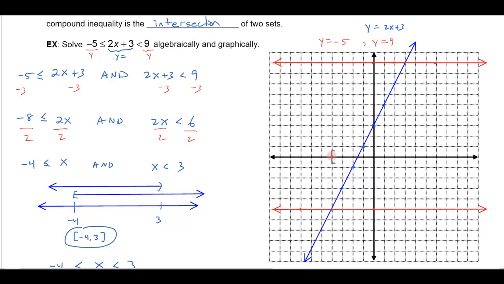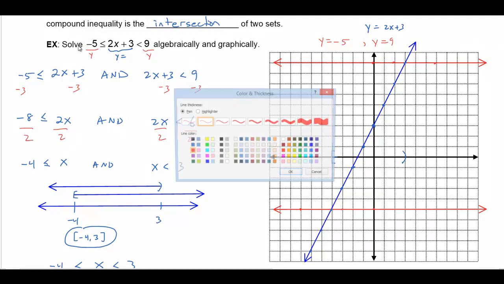This x here would correspond to the blue line equaling the red negative 5, and then any of these x's between here, right? Notice the blue line is going to be between the two red lines all the way up to this point over here, right? Now over here I want to know where is the 2x plus 3 strictly less than the 9, so I don't want to include this point. Any of these points between there are going to satisfy that inequality.